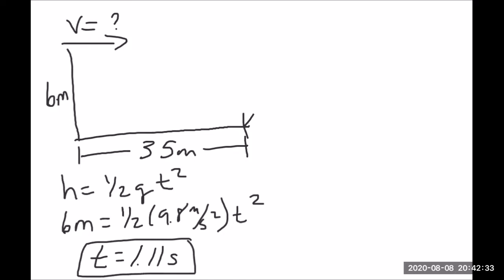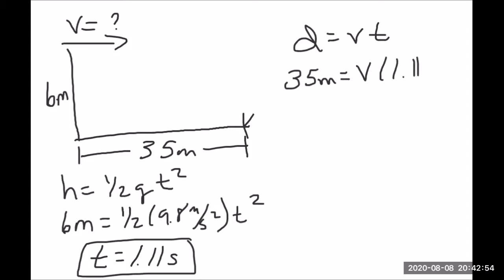Well, I also know my distance is horizontal, my velocity is horizontal, so I can use this. Now that I have time, time is both horizontal and vertical, so my 35 meters would equal my velocity times my 1.11 seconds, except I'm going to leave it in my calculator, so it's 1.1065 and so on.